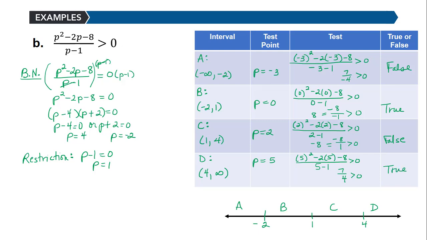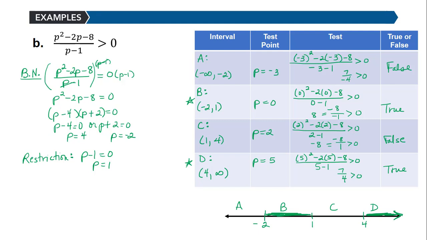And so our solutions of this inequality are the regions that tested true, which are regions B and D. So we're going to shade the region between negative 2 and 1. We'll shade the region to the right of 4. And then we need to figure out what happens on these endpoints. Well, since we're strictly greater than 0, we cannot include the zeros of negative 2 and 4.